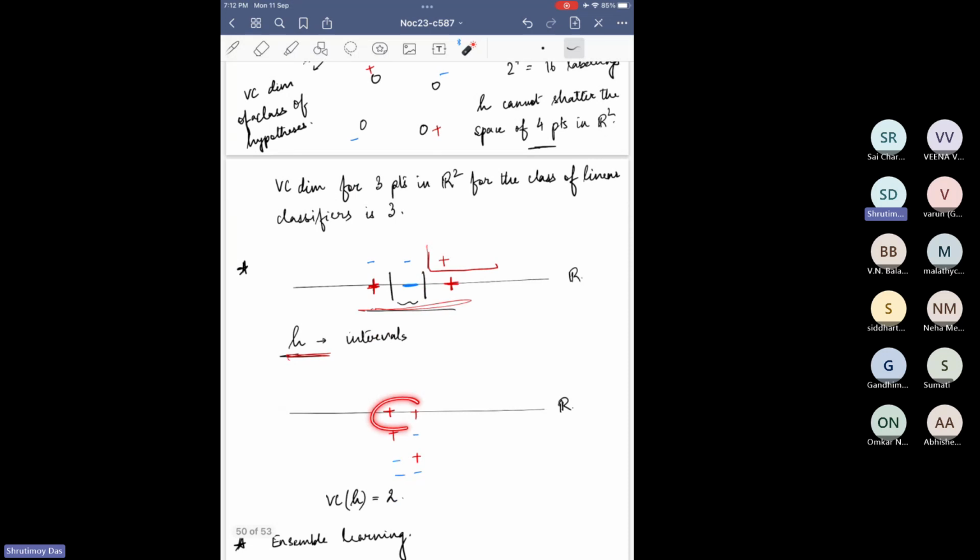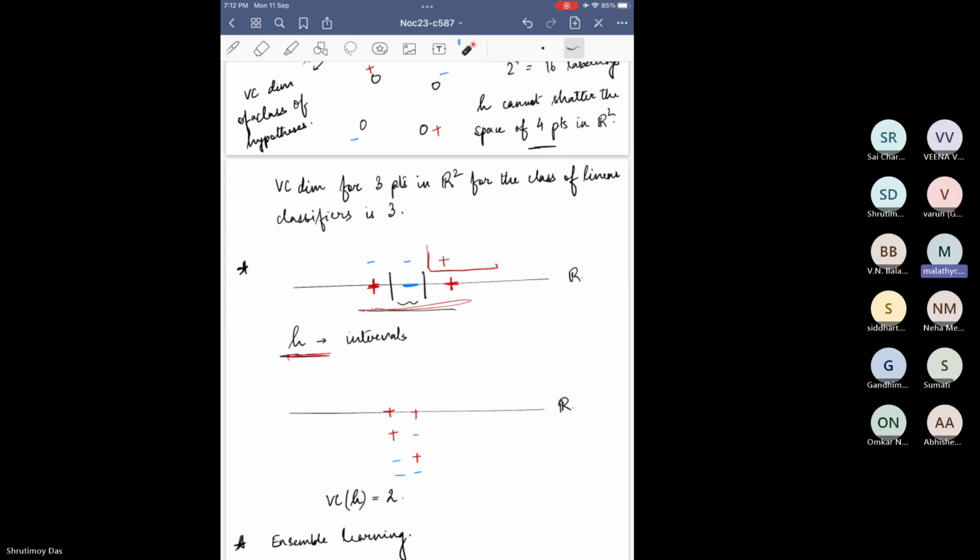But if your number of points was 2, then we can always find an interval which divides it into positive class and negative class. So hence we say that the VC dimension of this is 2. So VC dimension is basically the maximum number of points for which the hypothesis class can shatter the space. Shatter means divided into positive and negative class. Is that clear?